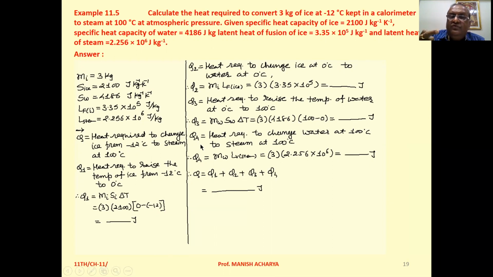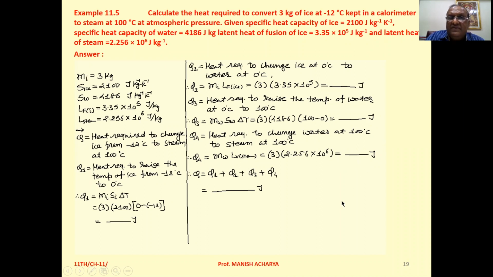Then suppose Q4 is the heat required to change water at 100 degrees Celsius to steam at 100 degrees Celsius. So Q4 is mass of water, latent heat of vaporization for steam, that is 3 into 2.256 into 10 raised to 6.